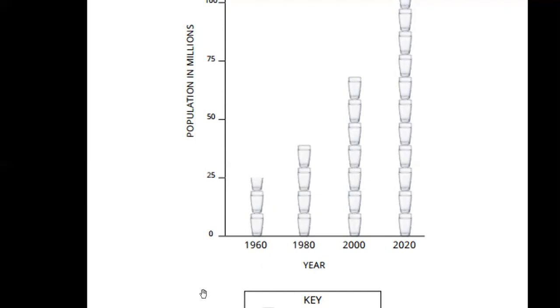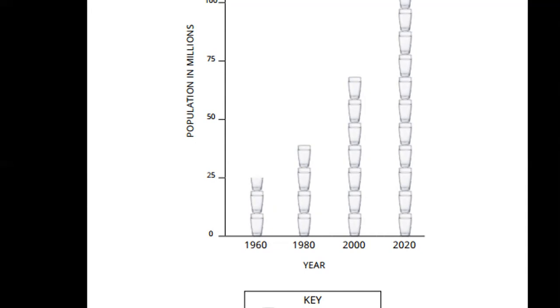So the population here is 40 million. In year 2000, there are 1, 2, 3, 4, 5, 6, 7 glasses of water, which equals 70 million people. In year 2020, we have 10.5 glasses of water, which equal about 105 million people.